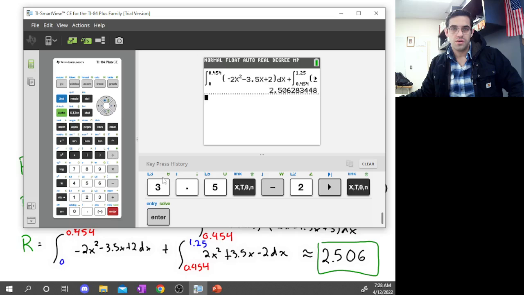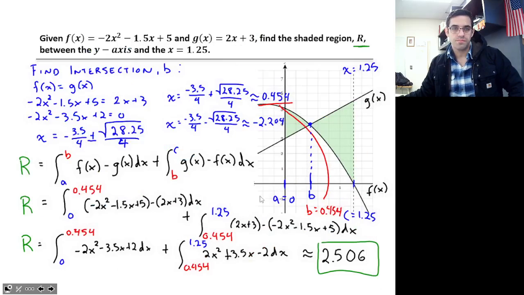Press enter. There's your 2.506, rounded of course. I think the homework wants you to round to the third decimal place, so in this case we round down to 506. And that's it. Good to go on that one.